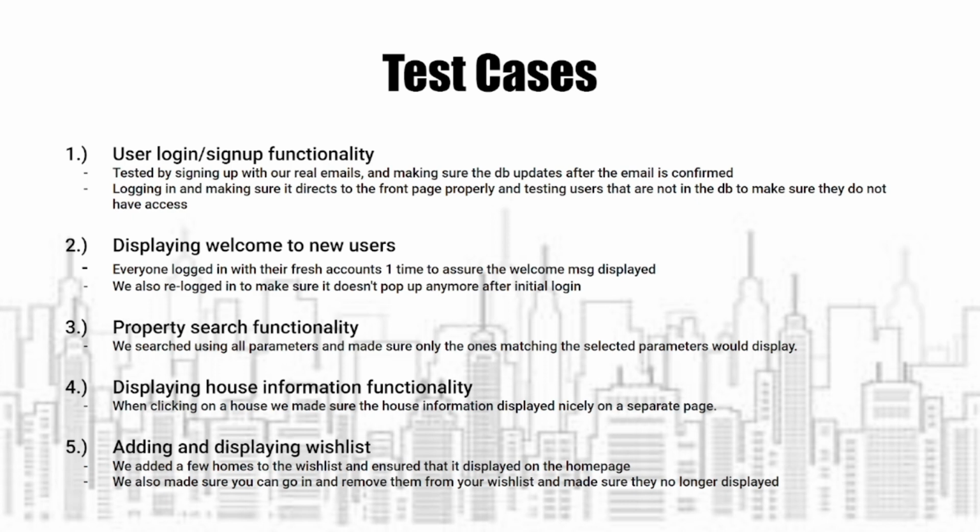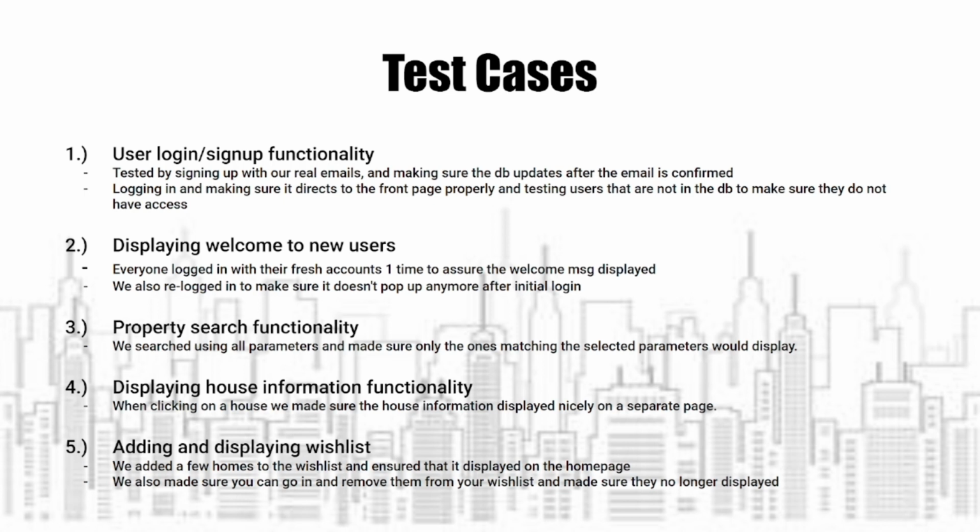The third thing that we tested out was our property search functionality. We searched basically all of our parameters and made sure that it filtered out properly and that no houses snuck through, and we just made sure that if you put something funny in, basically nothing comes up.